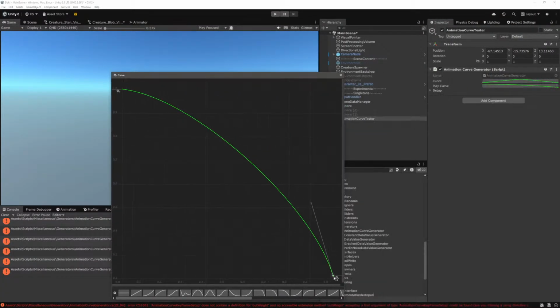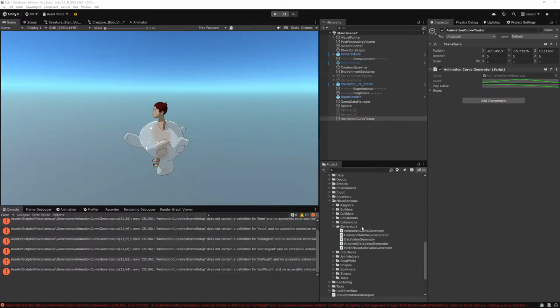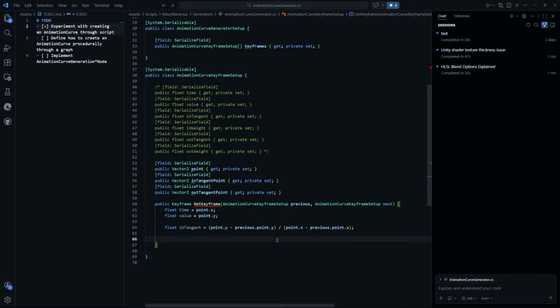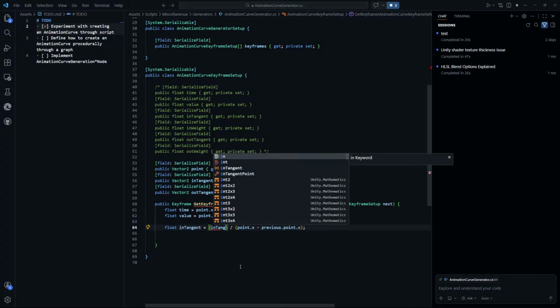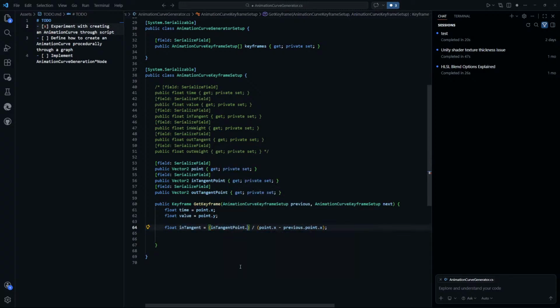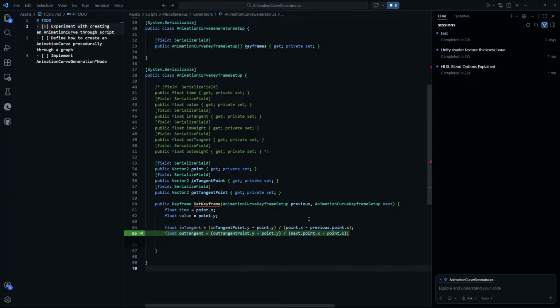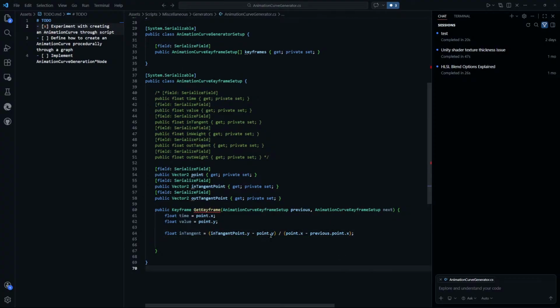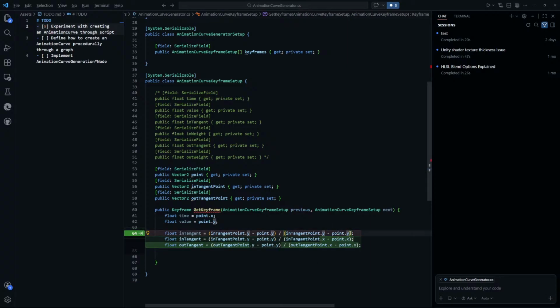So yeah, if this is negative, then we do this one minus this one. So we take intangent point dot x dot y minus point y divided by x, right?